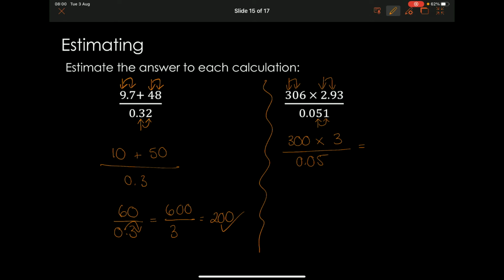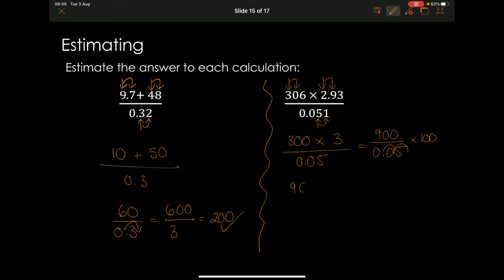Now, you've rounded them to one significant figure. Now do the calculation. 300 times 3 is 900. 900 divided by 0.05. What I could do is times them both by 100. I know that sounds ridiculous, but if I times them both by 100, that becomes a 5.